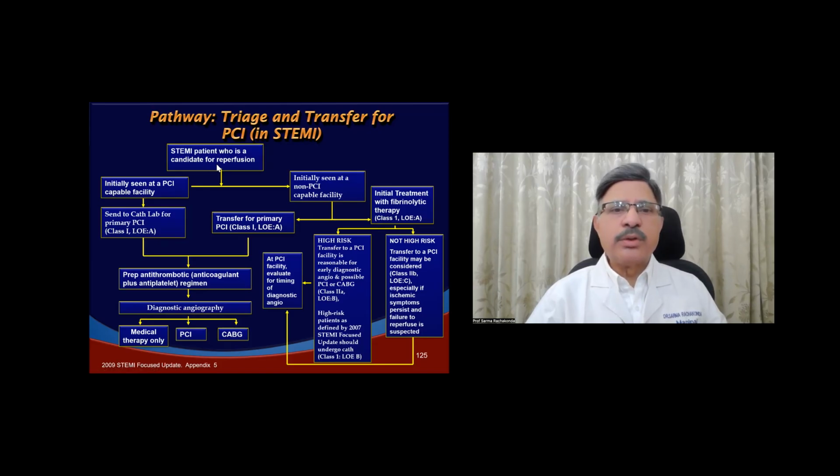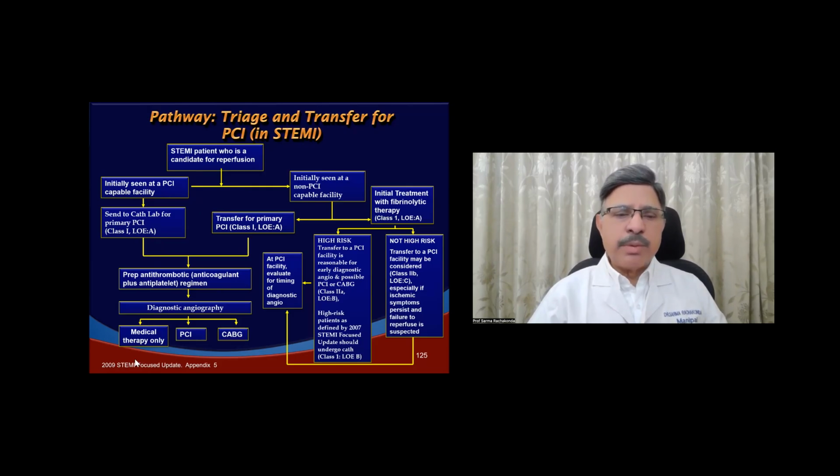STEMI patient who is a candidate for reperfusion, initially seen at the PCI capability facility like Manipal Hospital. Sent to cath lab for primary PCI, class 1 indication. Prepare antithrombotics, anticoagulant plus antiplatelet, diagnostic angiography.